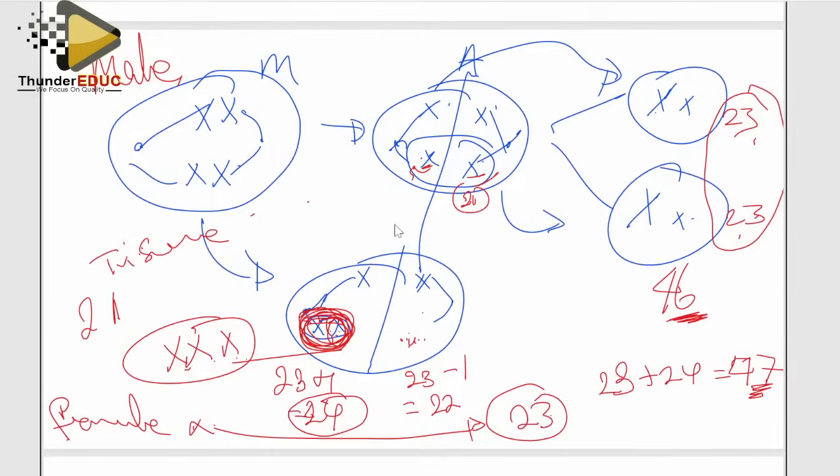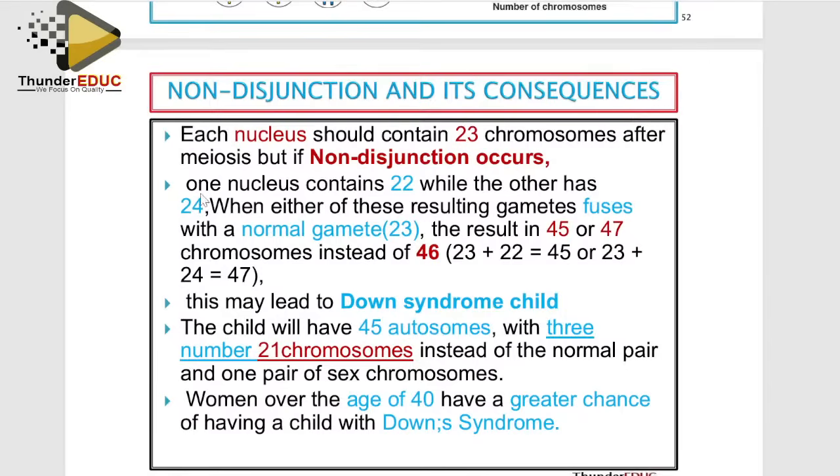So basically that's how it comes to be. This is how you explain it: each nucleus should contain 23 chromosomes, but after non-disjunction one cell will contain 22 and the other will contain 24.